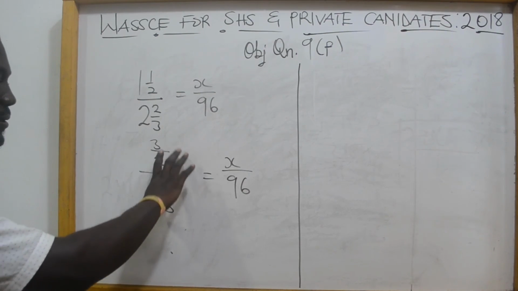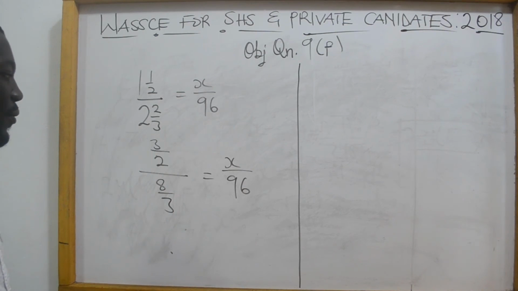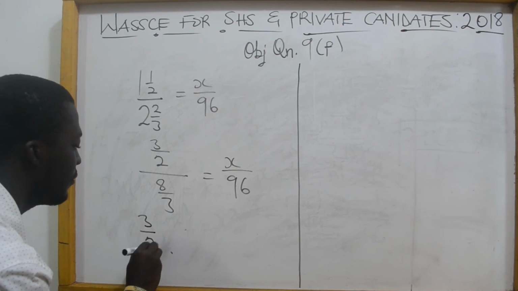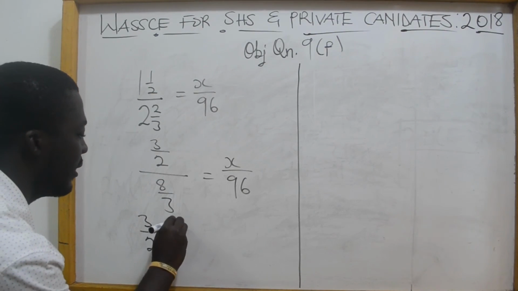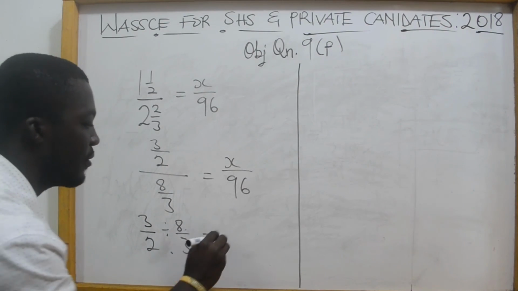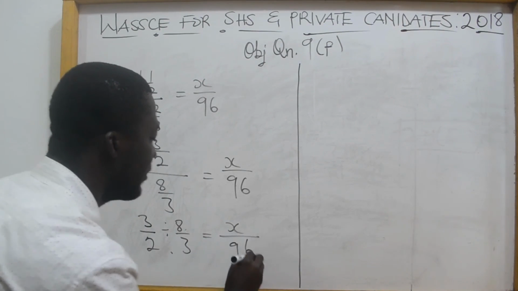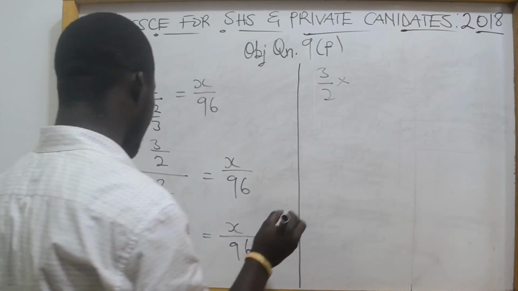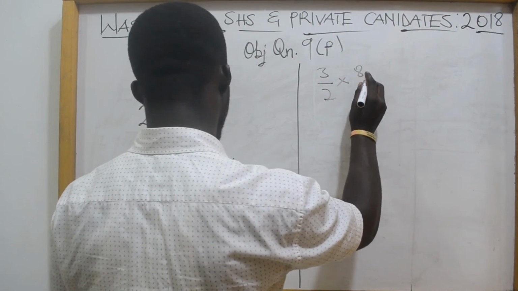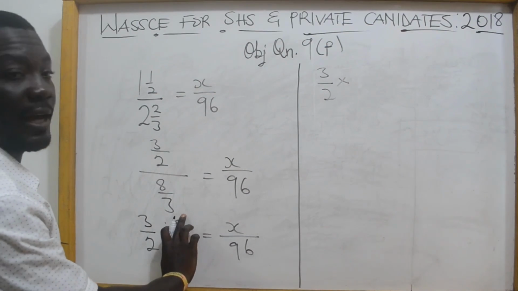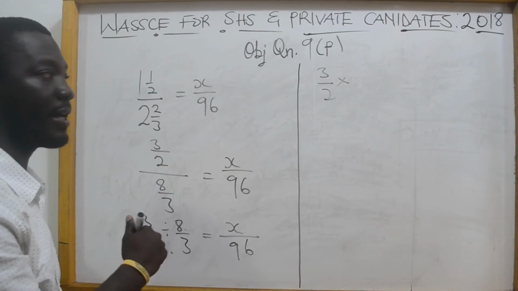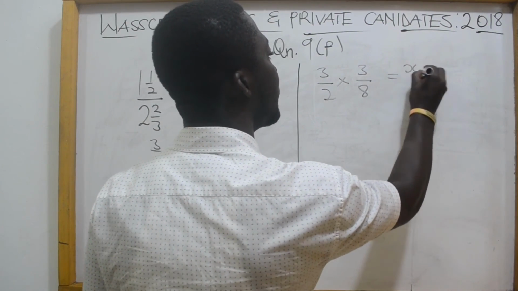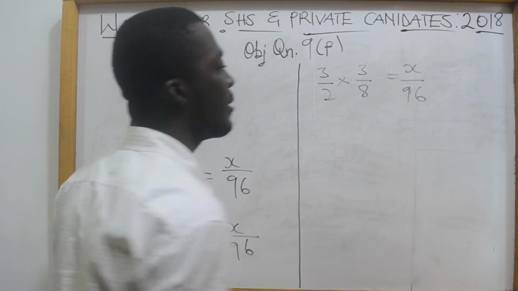Also, this whole term, we can rewrite it as 3 over 2 divided by 8 over 3, which is equal to x over 96. And the division will change to multiplication, which is 3, and this part will turn upside down. So 3 over 2 times 3 over 8 is equal to x over 96.